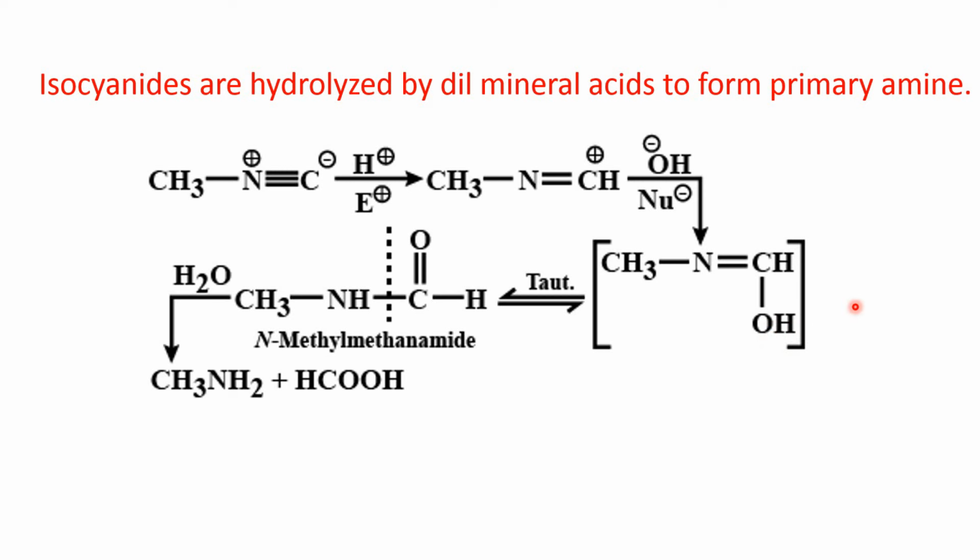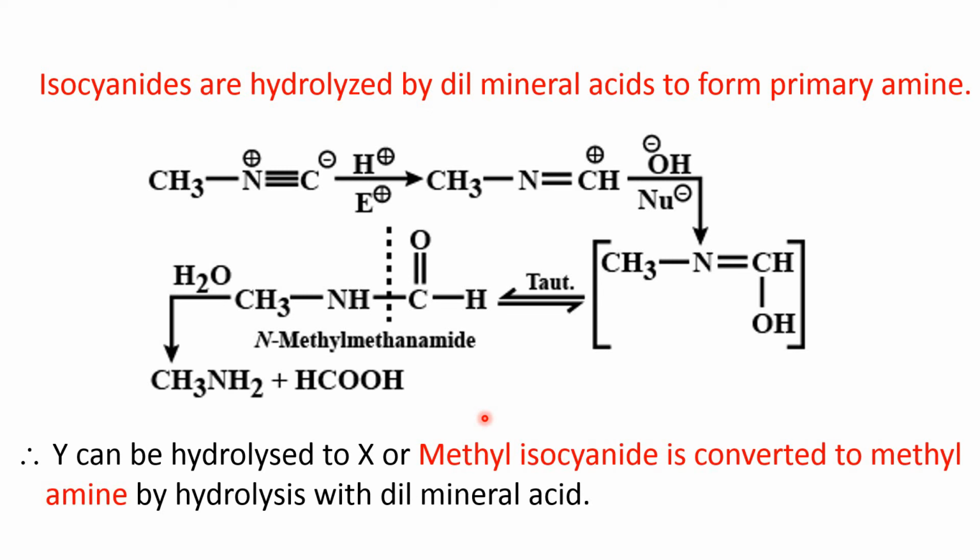So hydrogen is removed as H plus. That H plus attaches to this nitrogen. So CH3NH, C here double bond O and H. Now hydrolysis. Here it breaks down. Now hydrogen is attached here, OH attached here. So from here we will get methylamine, and from this side we will get formic acid.